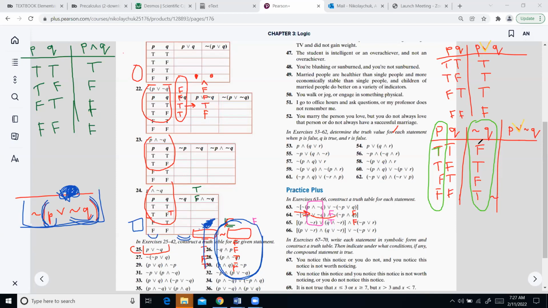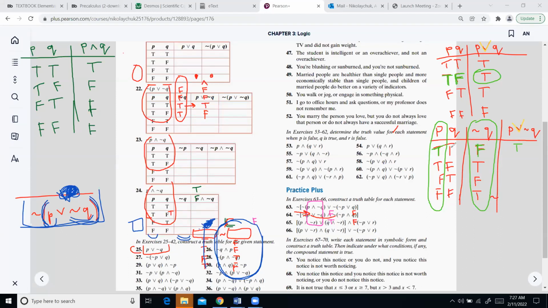So here's T and F, right? I need to find T and F in my definition table above. So do you see the result is T? I say, Alex, why is it T? Well, it's right here. So when first is T, second is F, right? The result is T.